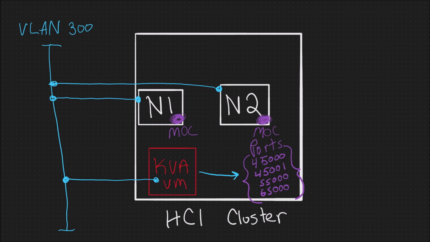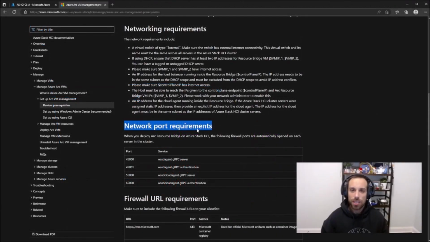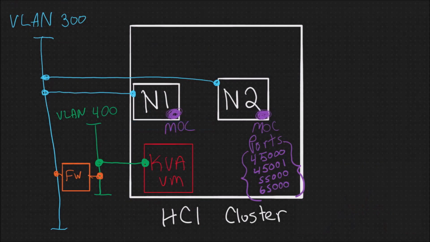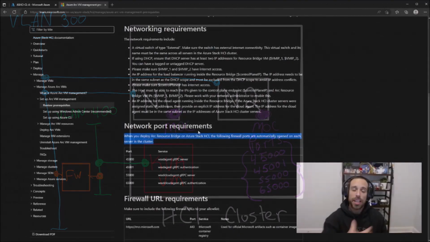In a production environment, you most likely will have these subnets segregated for security purposes. They may even be in different domains and VLANs, literal VLAN subnet broadcast domains. If that's the case, make sure that you speak to your networking team to have the following ports opened. These are ports that are going to be listening on the Hyper-V nodes, the HCI nodes themselves.